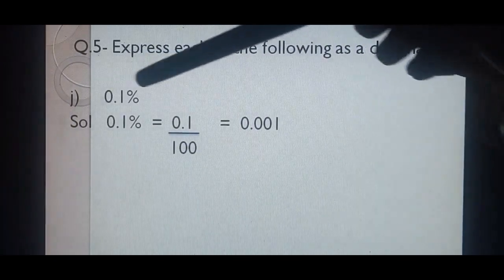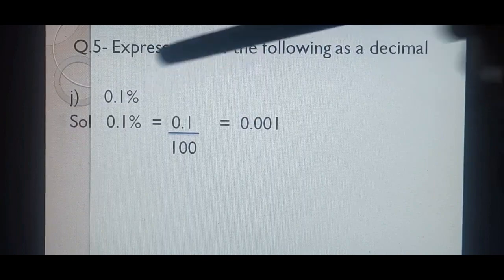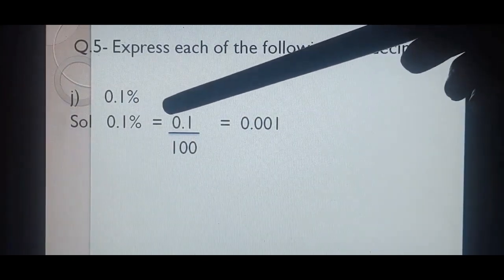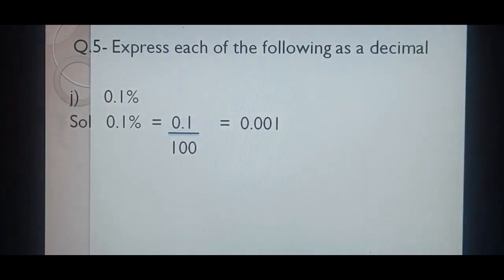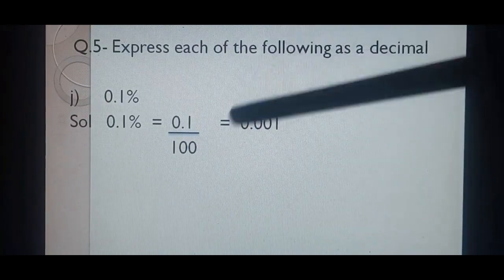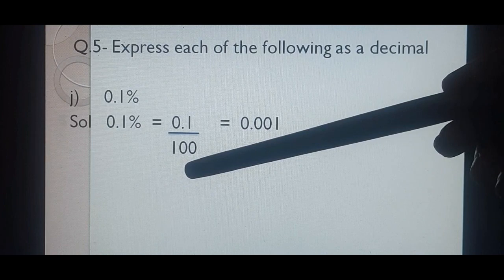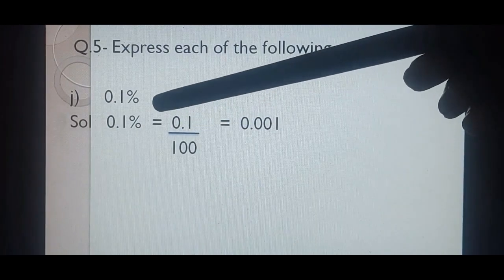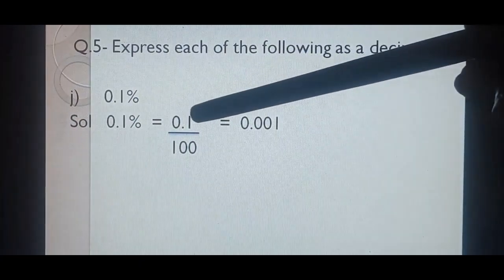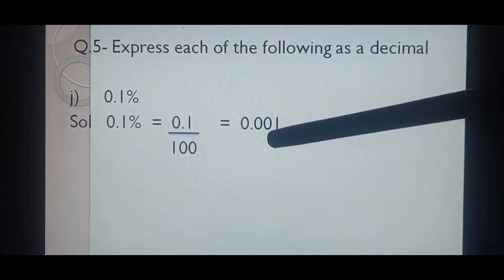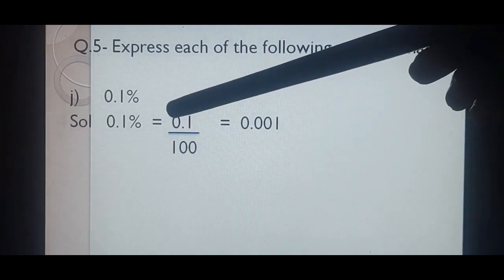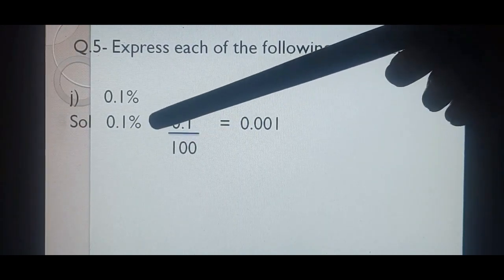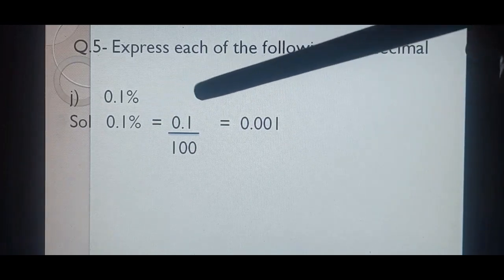Question number 5, J part is there, 0.1%. So 0.1% will become 0.1 upon 100. Now denominator is containing 100 having 2 zeros. So decimal will move to backward direction by how many places? 2 places. 1 place means 1 digit we have. 1 digit more we will take here and then we will mark decimal.